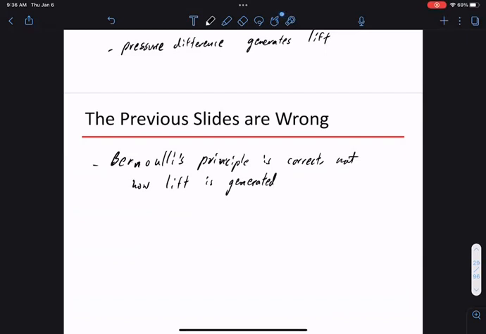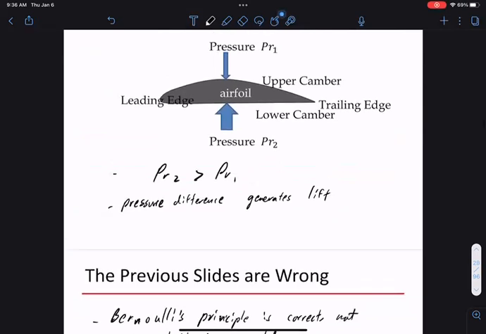So there are some easy examples to actually show that Bernoulli's principle is not why planes fly. Can you think of some examples? This theory of why lift is generated by pressure difference is really not correct.